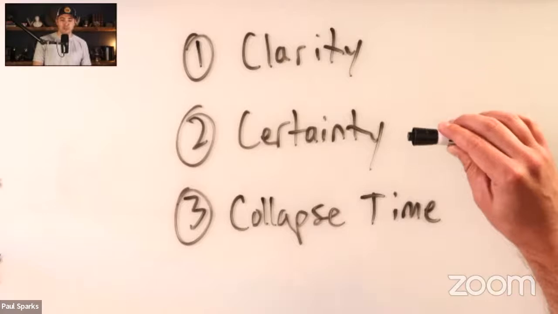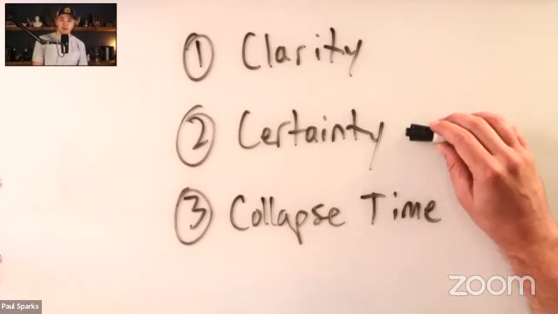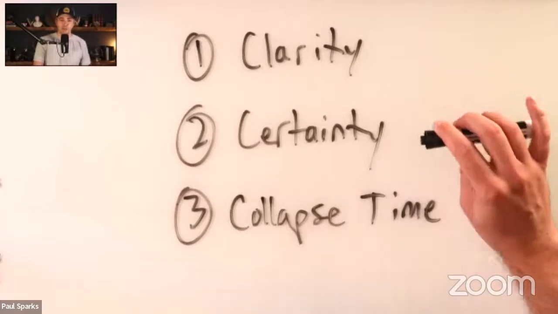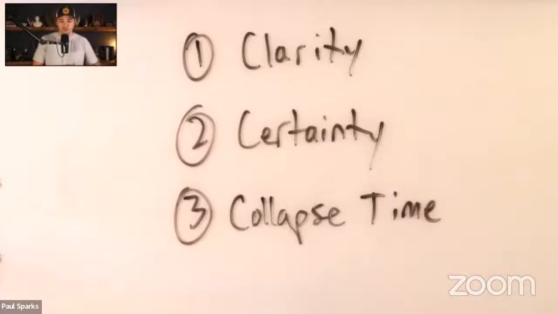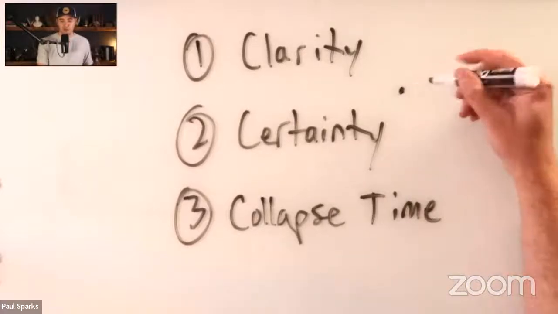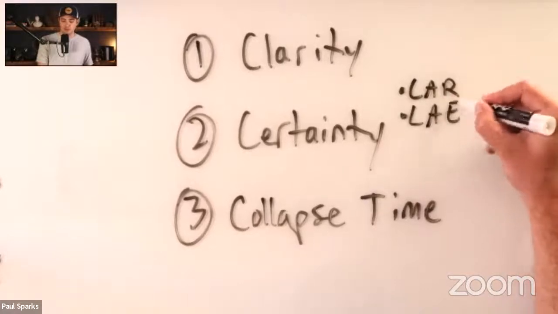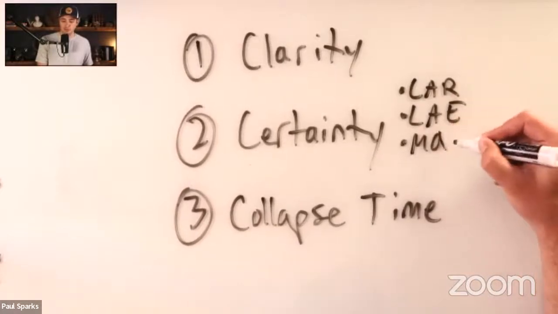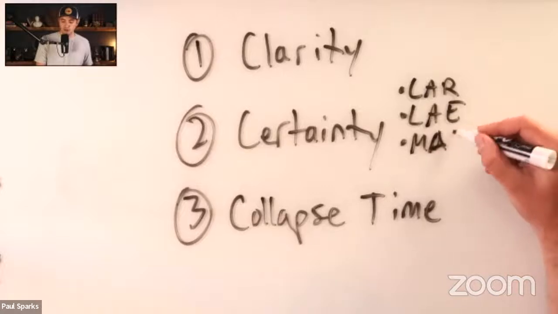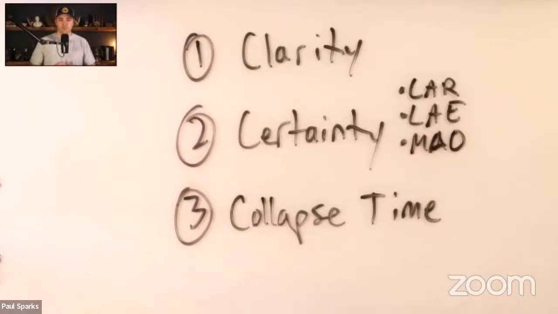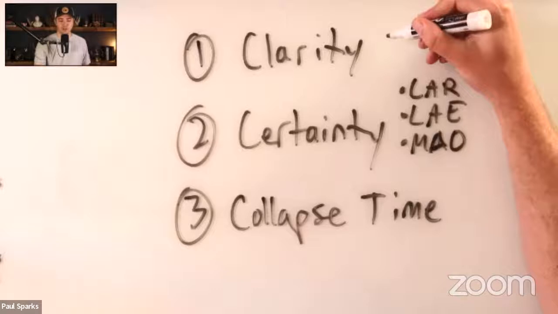Second, we build a machine, a system that can help us get there with the least amount of risk. So we've said this many times in previous calls: least amount of risk, least amount of effort, most amount of options. So clarity is the solvable problem.